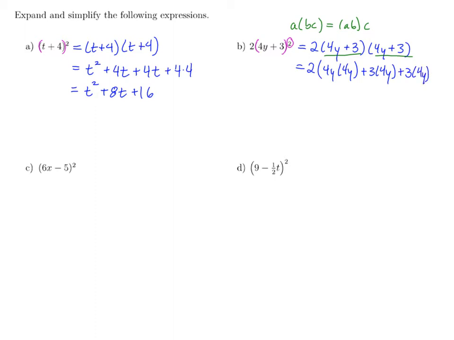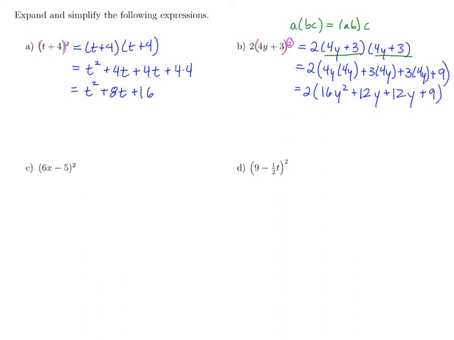And then the last, I'm going to have plus 3 times 3, or plus 9. Now, I'll simplify what I have. So 4y times 4y gives me 16y squared. 3 times 4y is going to give me 12y. And 3 times 4y again gives me 12y, and then I have plus 9.